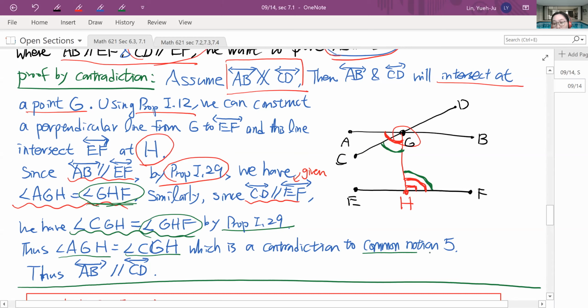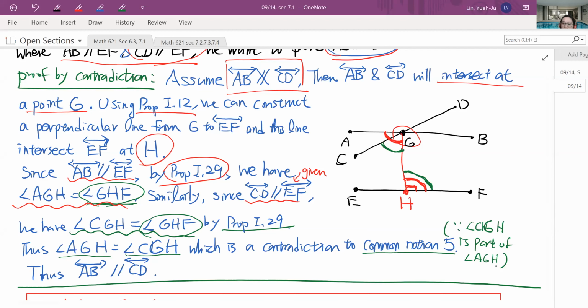This contradicts the common notion, because essentially CGH is part of AGH, from the picture. So CGH is supposed to be smaller. That's essentially the contradiction.